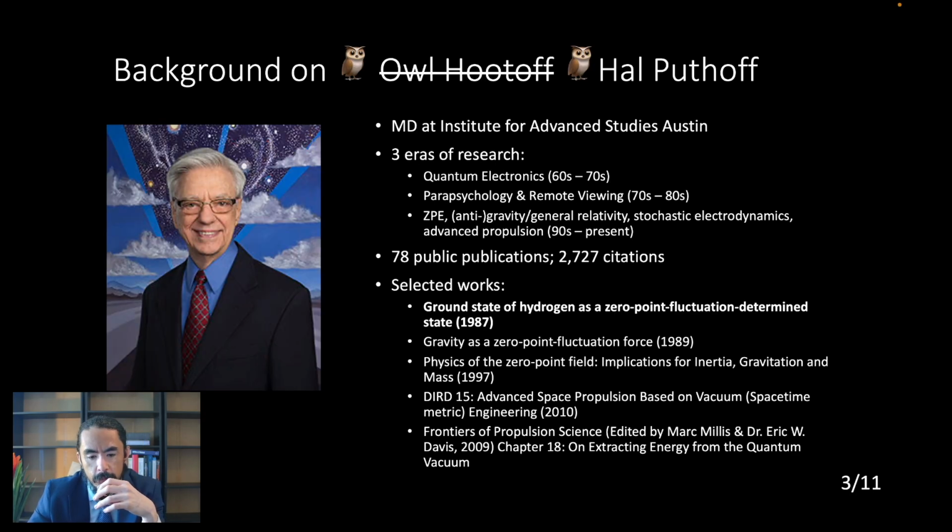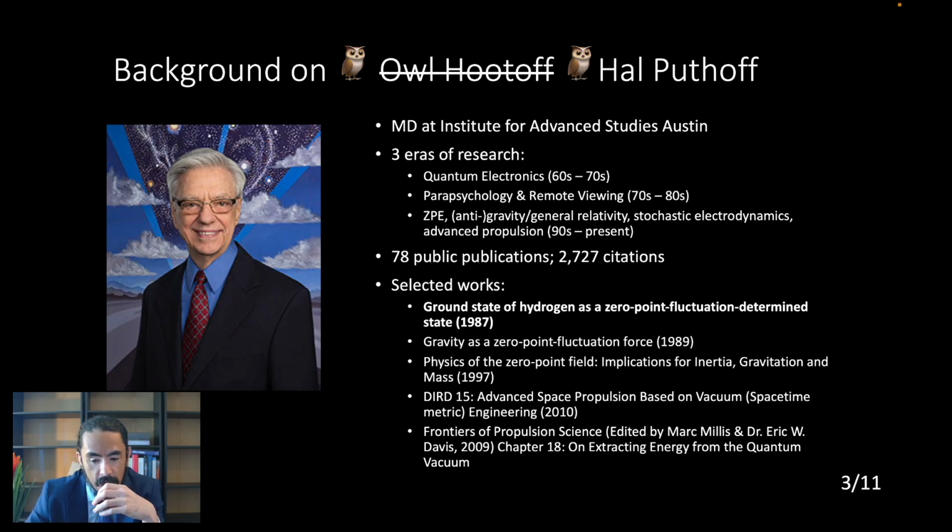So here's a little bit of background on Hal Puthoff. He is currently the managing director at the Institute for Advanced Studies in Austin. He is quite distinguished, and his research has had three main eras. After he got his PhD, in the 60s and 70s, he worked on quantum electronics, and then he started his whole career in black world projects, you could say.